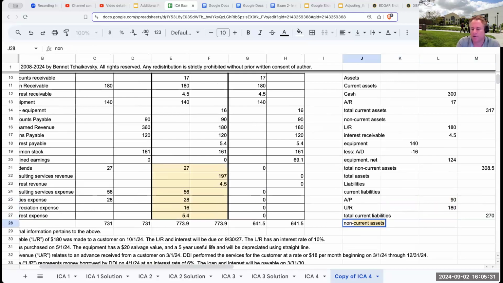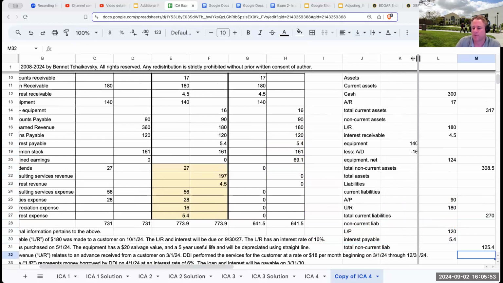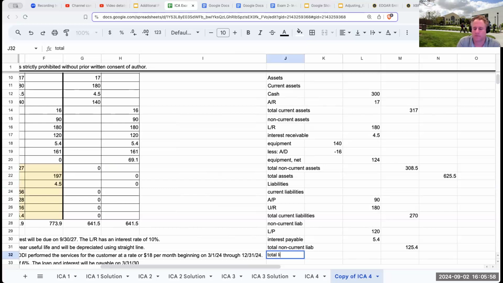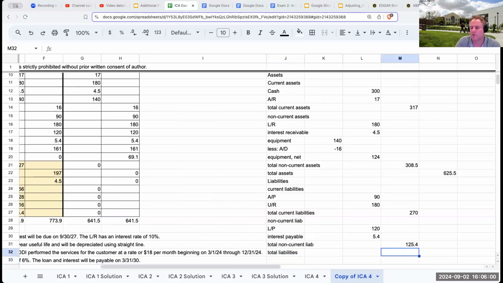My non-current liabilities will be the loan payable, 120, and the interest payable, 5.4. My total non-current liabilities are going to be 125.4, meaning that my total liabilities are going to be 270 plus 125.4, or 395.4.